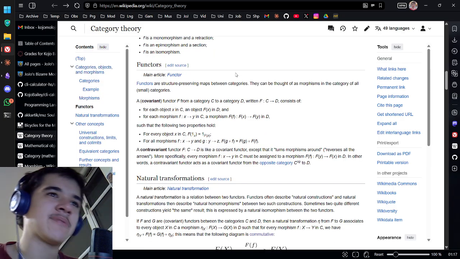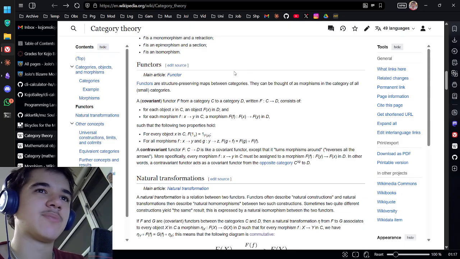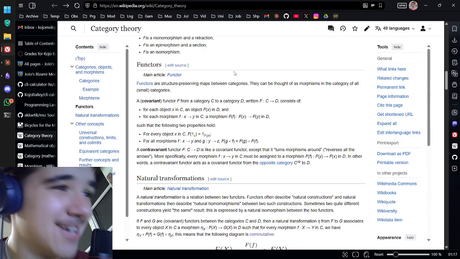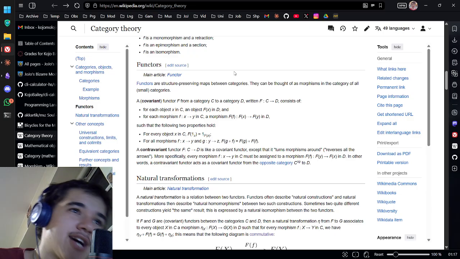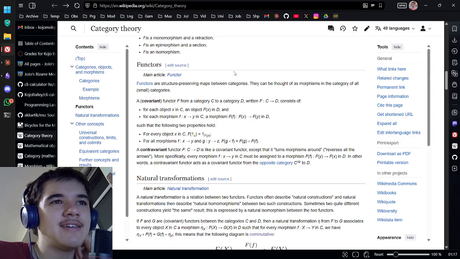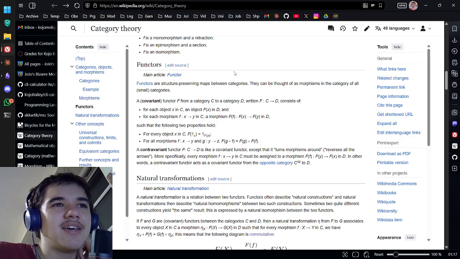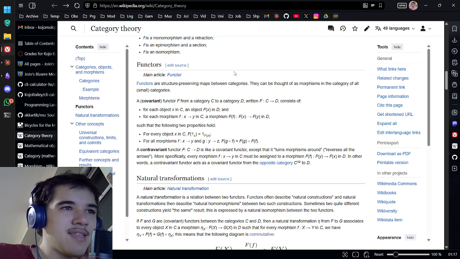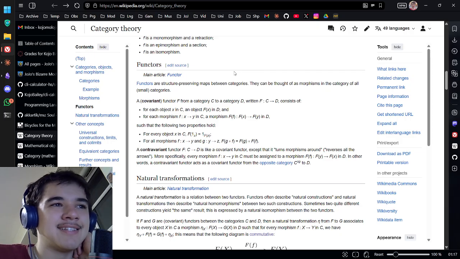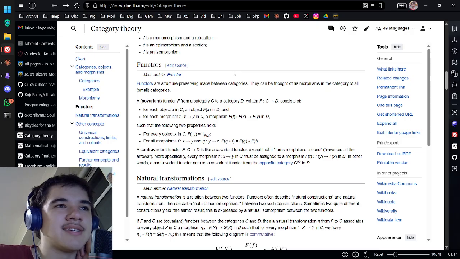And functors. Functors are structure-preserving maps between categories. They can be thought of as morphisms in the category of all categories. A covariant functor F from a category C to a category D consists of, for each object X in C, an object F(X) in D, and for each morphism X to Y in C. So there's covariant and contravariant.